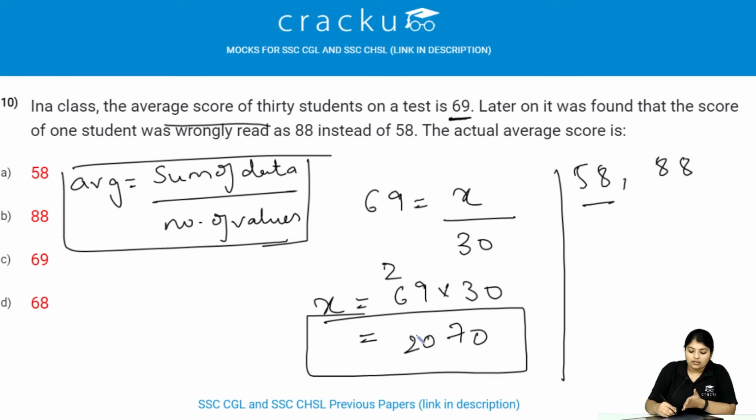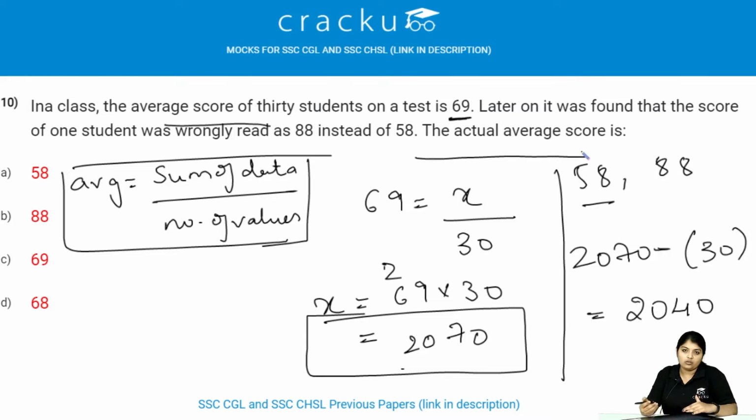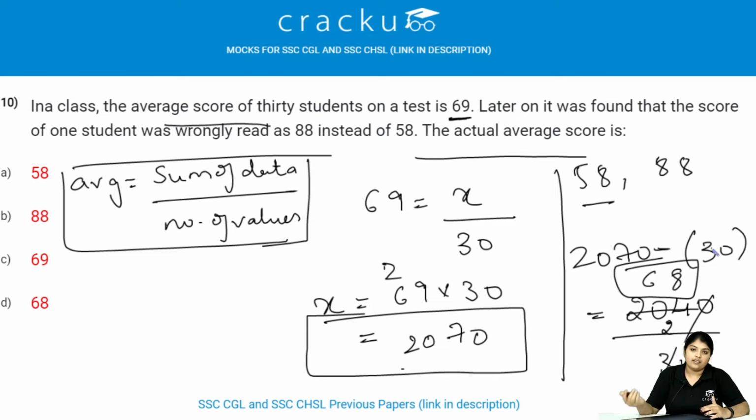So, the actual sum should be 2070 minus 88 minus 58, that would be 30, so that is 2040. Now, he is asking the actual average score. So, 2040 by 30, the 0 gets cancelled, 3 ones are 3, 3 6s are 18 and 3 8s are 24. Therefore, the answer is 68.